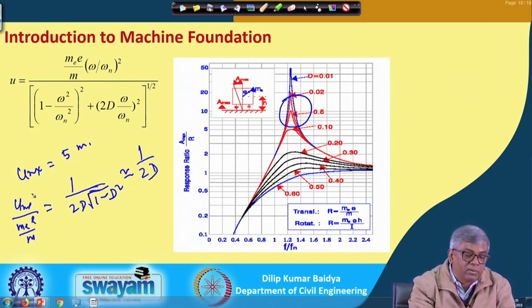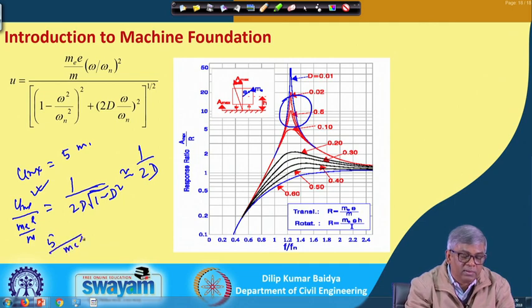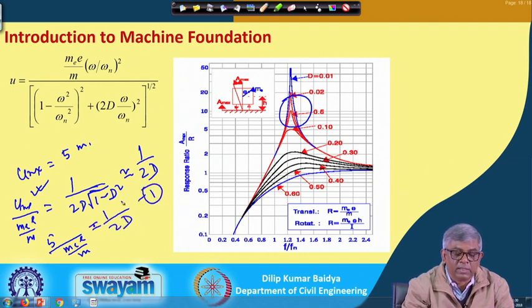So, I have got this, and that means one equation is 5 divided by m e into e over m equal to 1 over 2d. That is one equation I am getting.